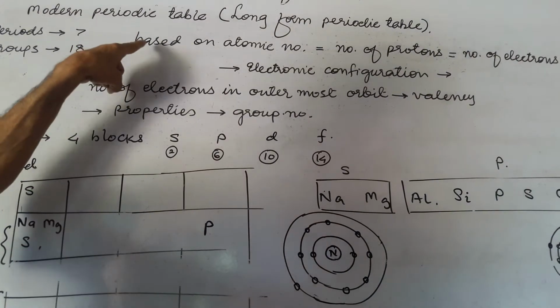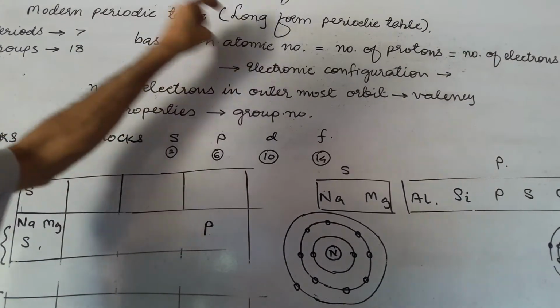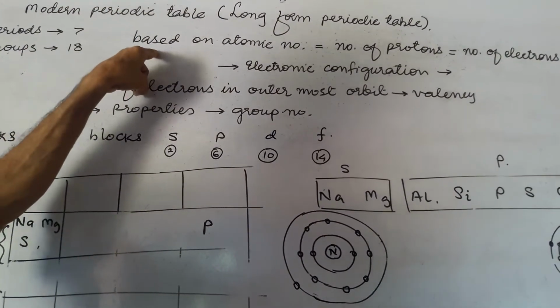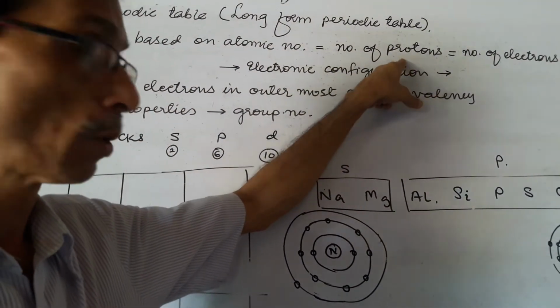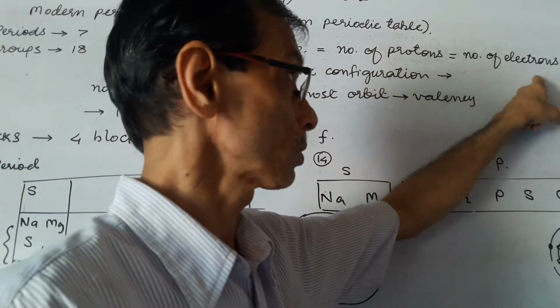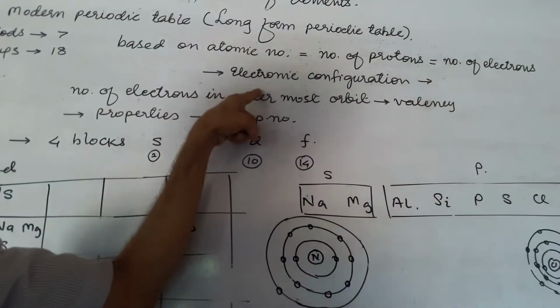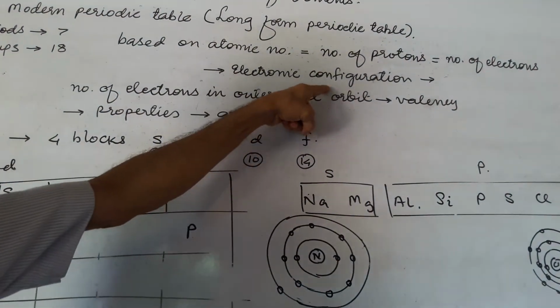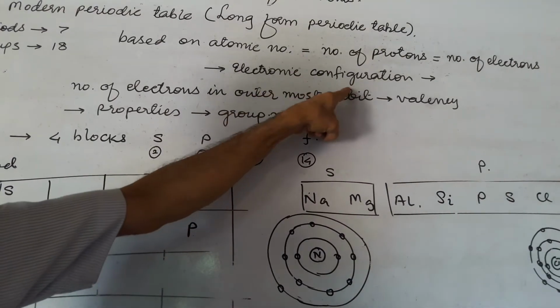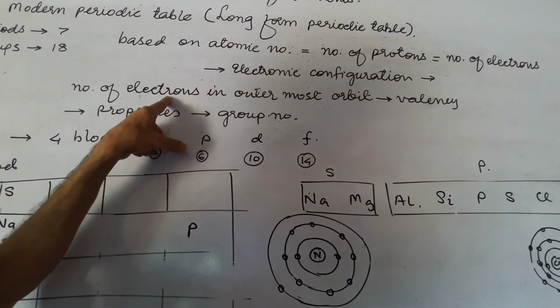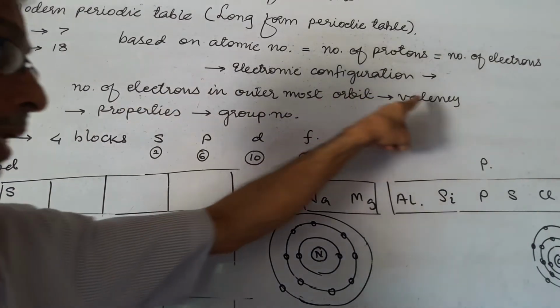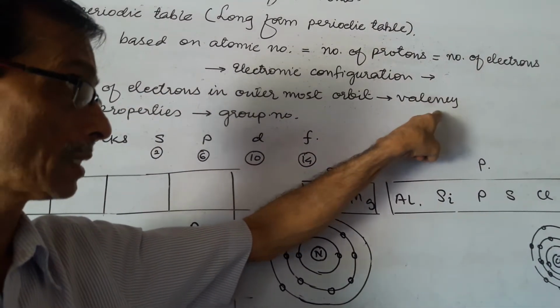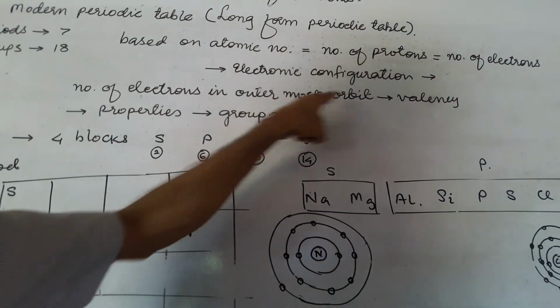See once again, the modern periodic table is based on atomic number. Atomic number is the number of protons, and we know the number of protons is the number of electrons. The number of electrons gives us the electronic configuration, and when we write the electronic configuration, we find the electrons in the outermost orbit. The electrons in the outermost orbit are the valency, and valency gives a property.